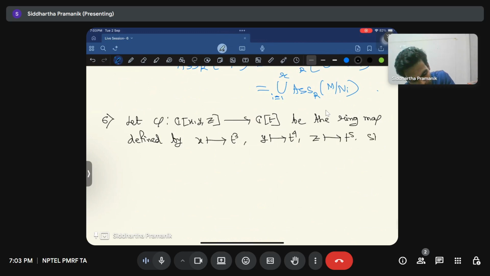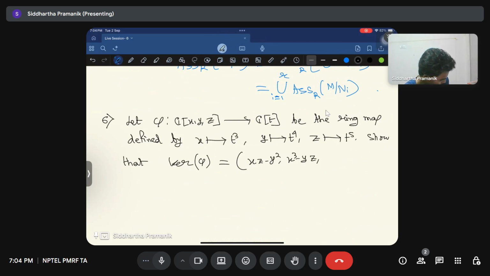Then the kernel of this ring map is the ideal generated by xz minus y squared, x^3 minus yz, and x^2 y minus z squared.